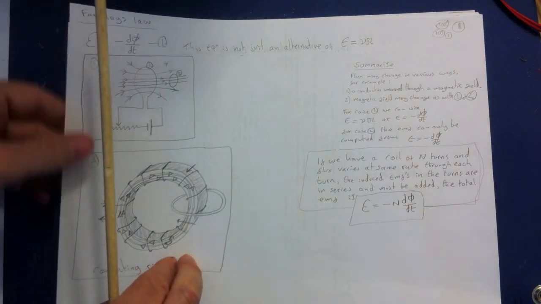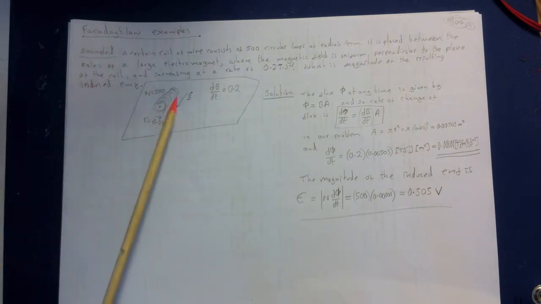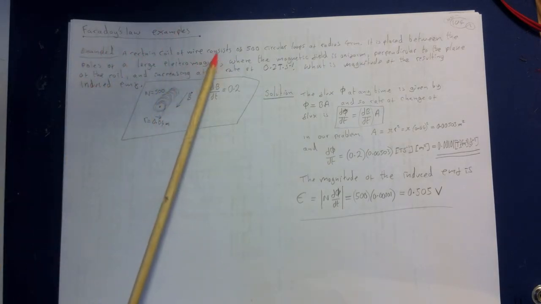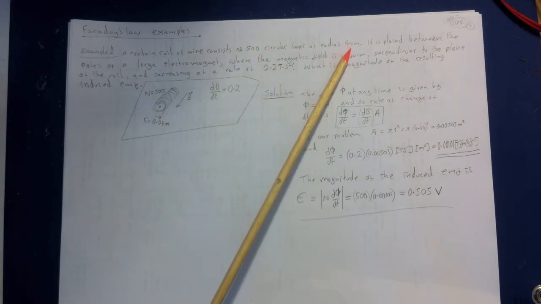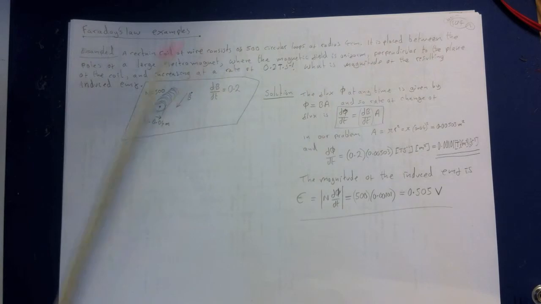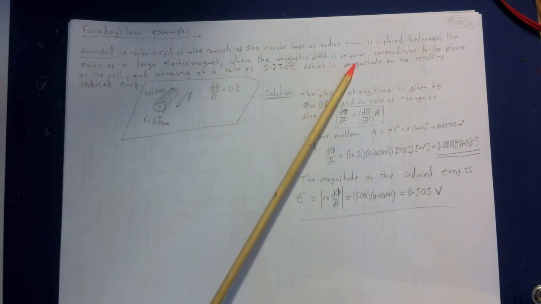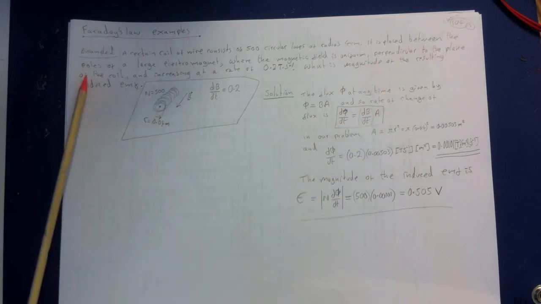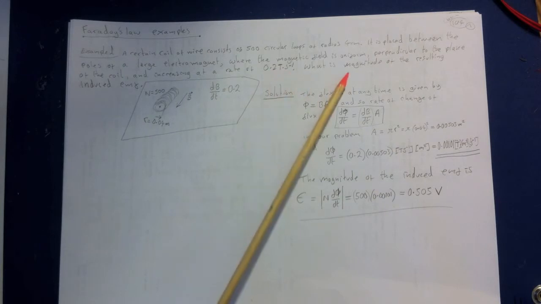Let's do some examples to make this a little bit clearer. I'm going to do this example here of a coil of wire that consists of 500 circular loops of radius 4 centimeters. It is placed between the poles of a large electromagnet where the magnetic field is uniform, perpendicular to the plane of the coil, and increasing at a rate of 0.2 Teslas per second.